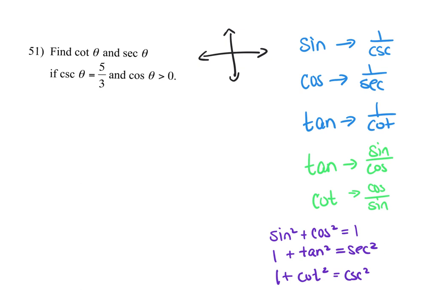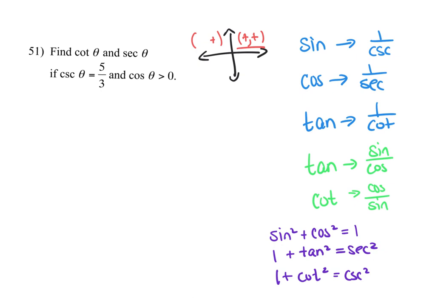So they told me cosecant is positive 5/3. Sine is your y value, remember? So y is positive in the first and second quadrants. If my cosecant is positive, so is my sine. So they narrowed it down to the first and second quadrant. Then they said cosine is also positive. So between those two quadrants, where's my x also positive? First quadrant. So they have told me that I am in the first quadrant.